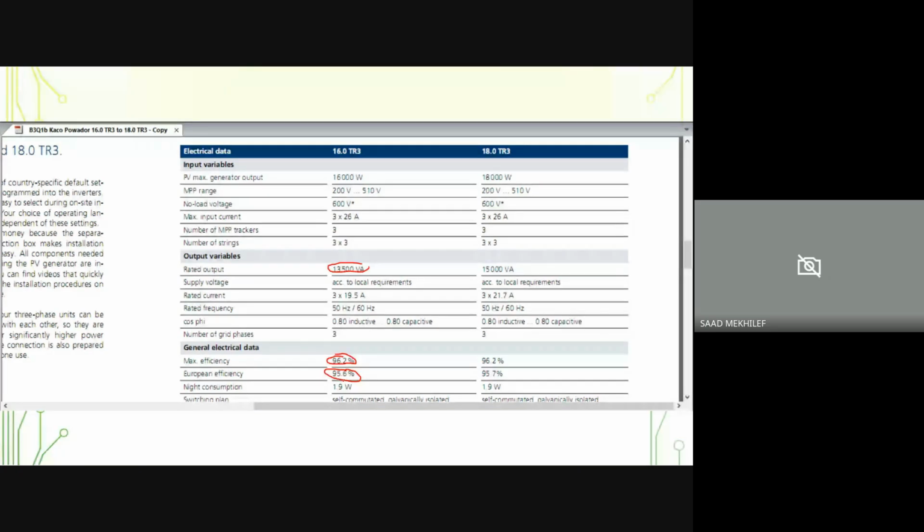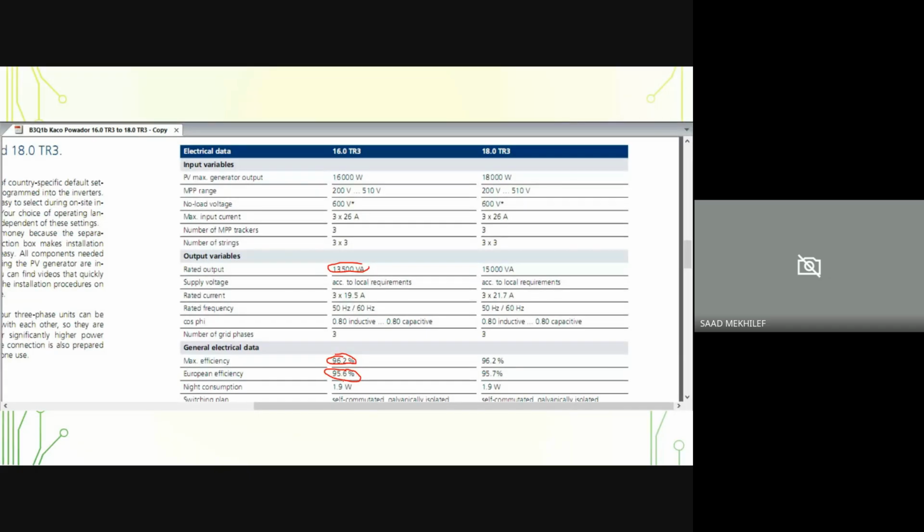That's how we calculate it. But this is the maximum. European efficiency is most of the time lower than the maximum efficiency. Why? Because the inverter will not always work at maximum power. It will work at maybe 50%, 75%, so they calculate efficiency at those points. So the total will always be less.